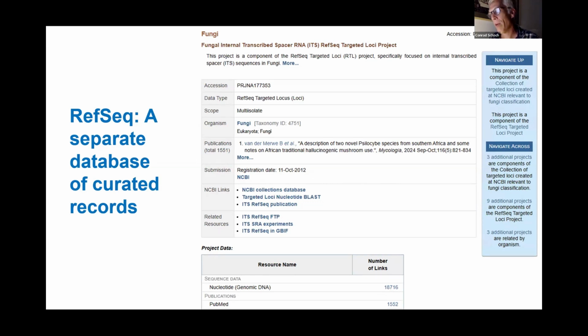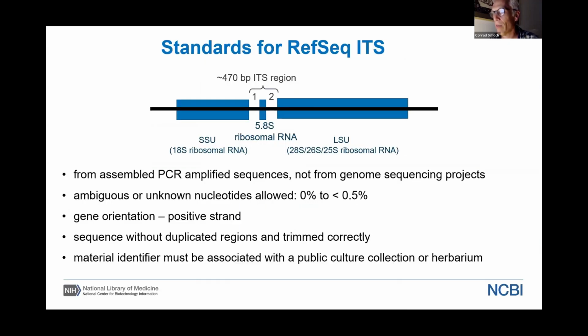These are separate sequences duplicated from the general set of sequences, selected to be more trustworthy. Here is the representation of the ITS locus, the ribosomal RNA region with the small subunit, the large subunit, and the 5.8S, and these interspecific regions that are variable and that people use to distinguish species.